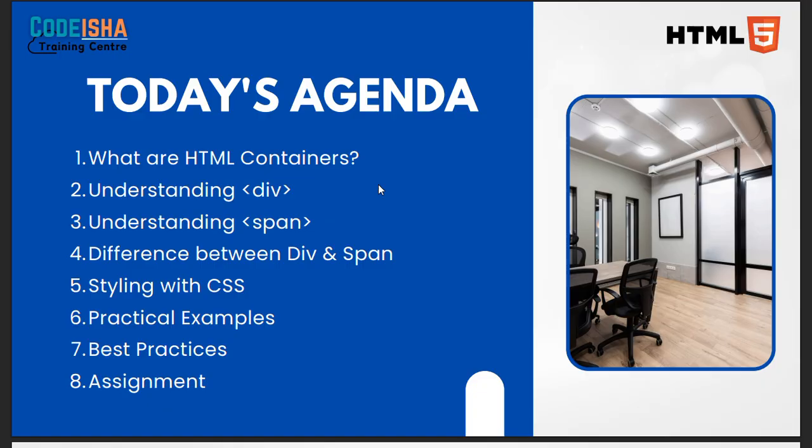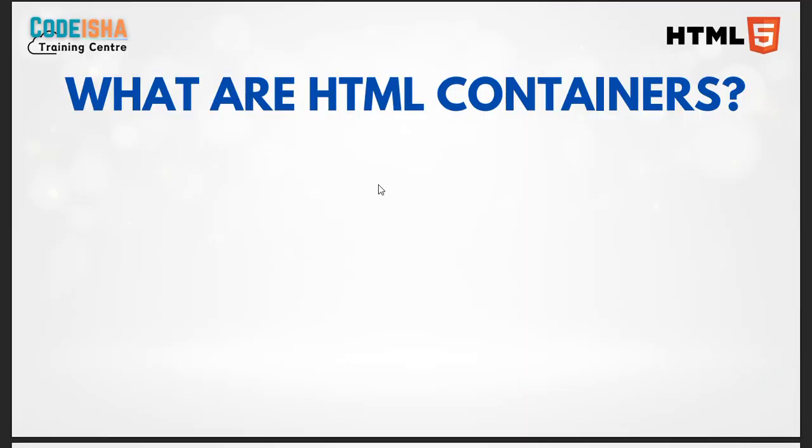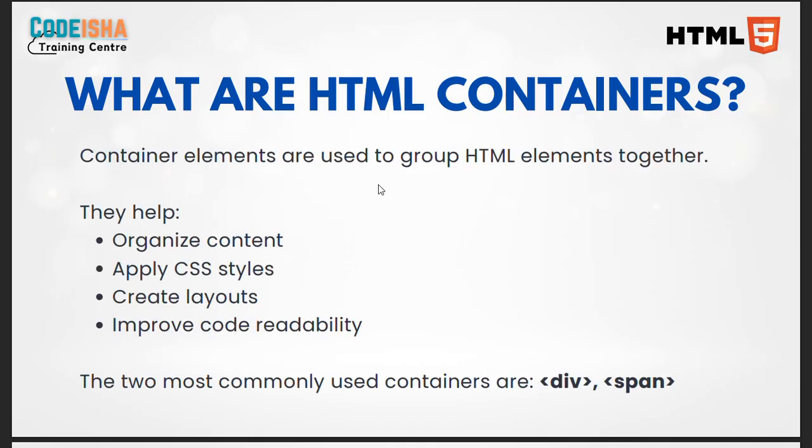Coming to the first one, what are HTML containers? These HTML containers are used to group HTML elements together. For example, we have the paragraph, heading tags like H1, image tags, buttons and input elements also. We need to take all of these at one place and group the HTML elements using the div tag.